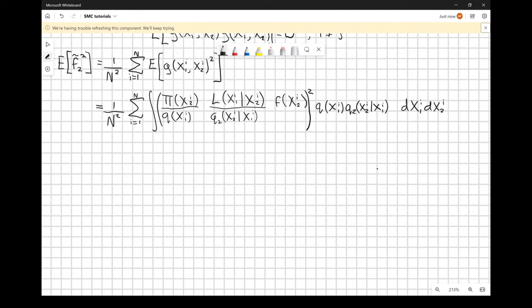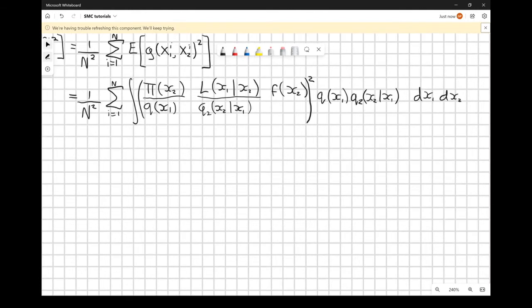So I'll do that now. And now we end up with essentially the same integral added together n times. So we know that we can get rid of this summation, and in fact it's just a 1 over n on the left hand side here.